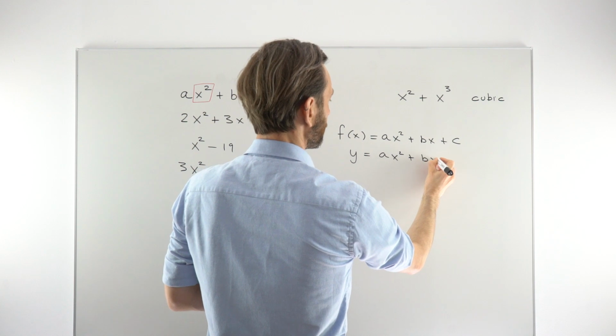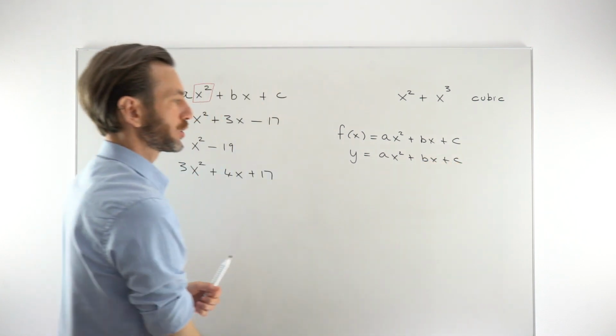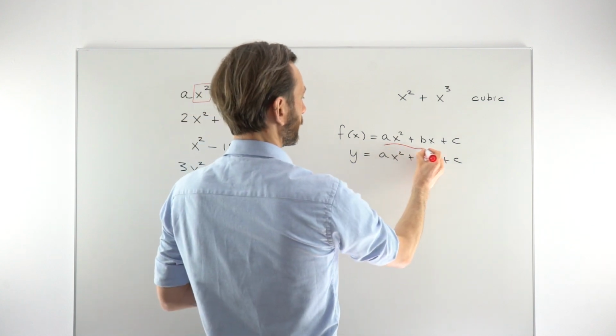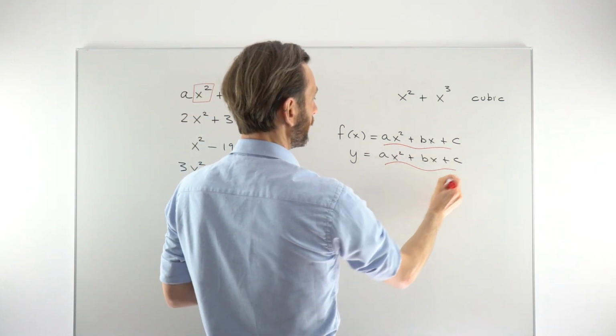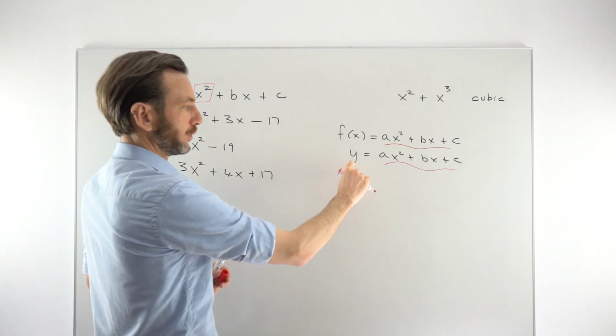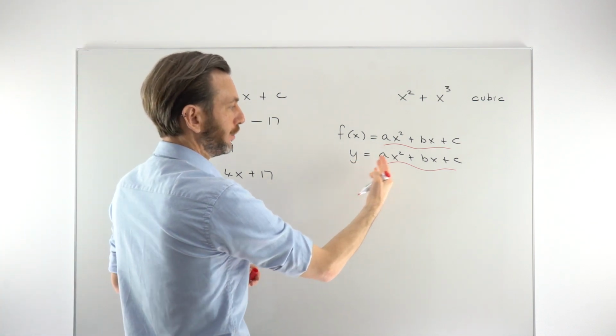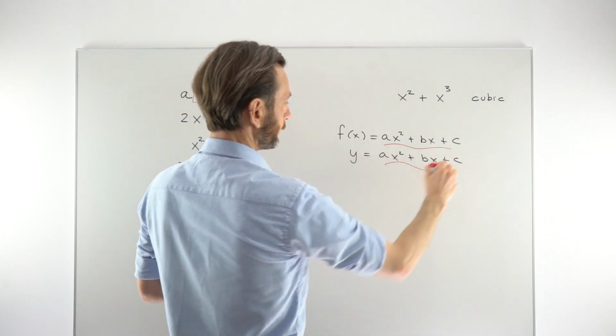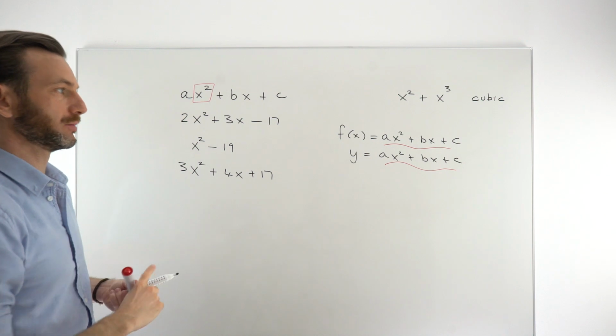So this is taking a quadratic expression, which is the trinomial part, and thinking about it as a function or thinking about it as the graph. So if we were to start plotting points using x and y's according to this formula here, then we could start to make a graph.